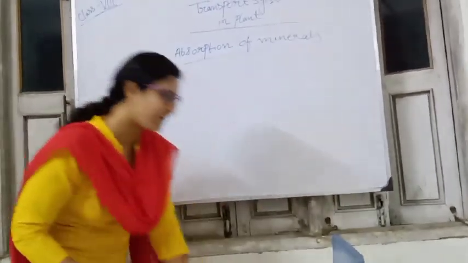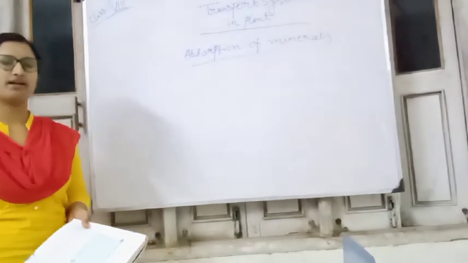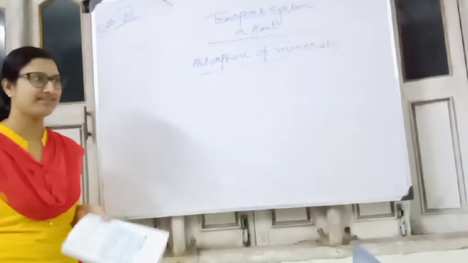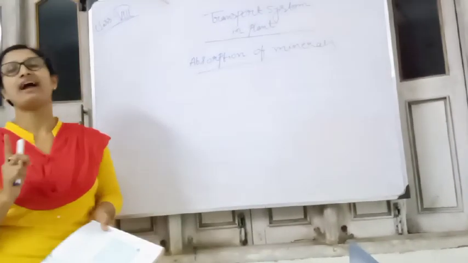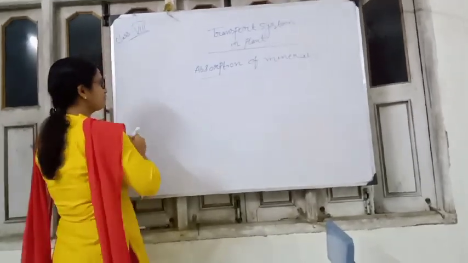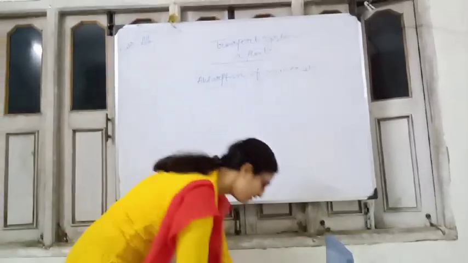Some of the minerals are absorbed through the water, but in very dilute solution. But most of the minerals are absorbed by diffusion and by the process of active transport.